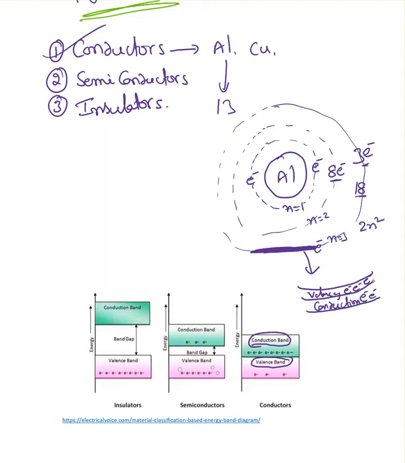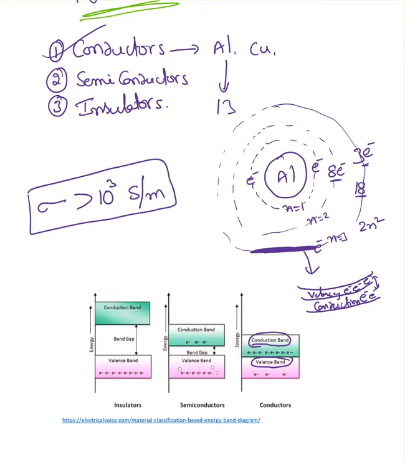They can easily move from valency band to conduction band and back. That's what conductors are. Conductors have a high conductivity, sigma greater than 10 to the power of 3 Siemens per meter.